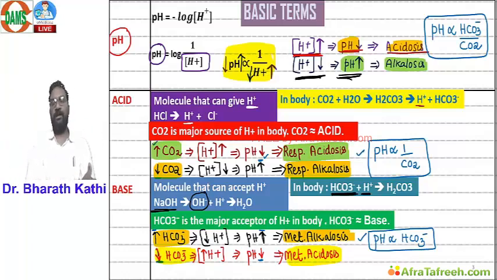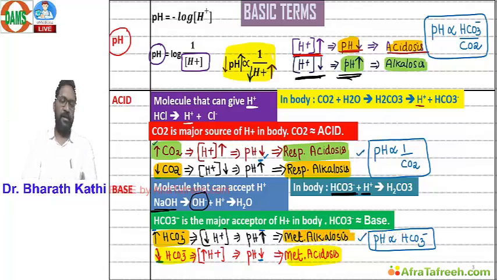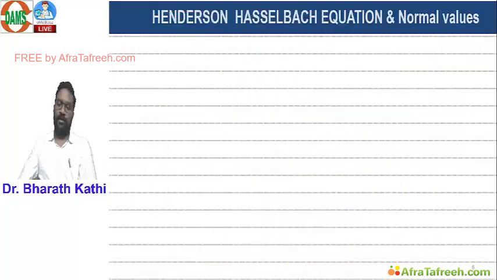That standard equation which tells you the relationship between pH, bicarbonate and CO2 is called the Henderson-Hasselbalch equation. Write it down, students. This is the most important mathematical equation for acid-base balance.